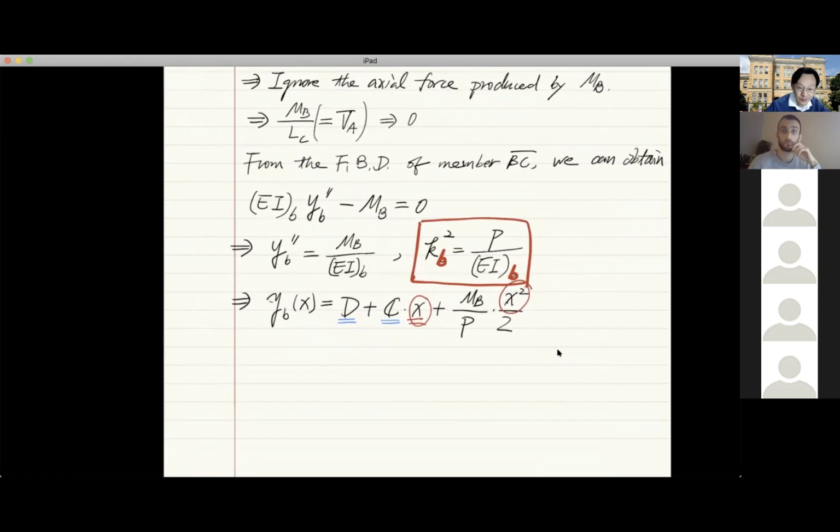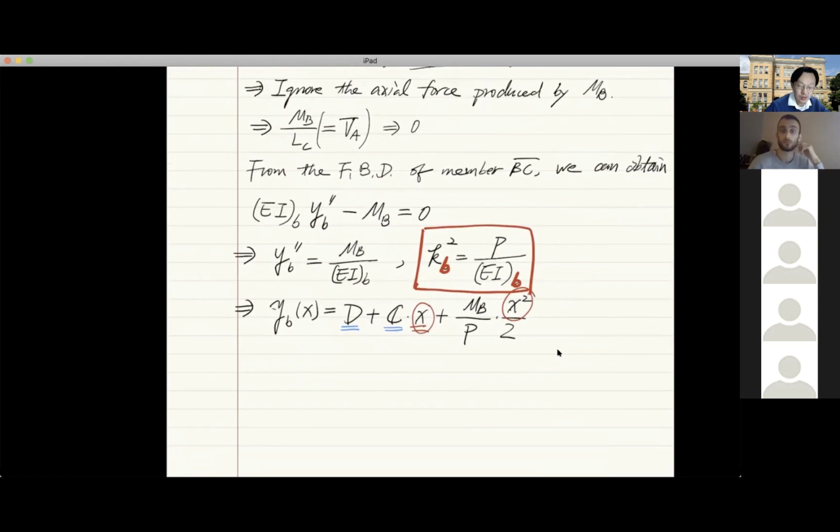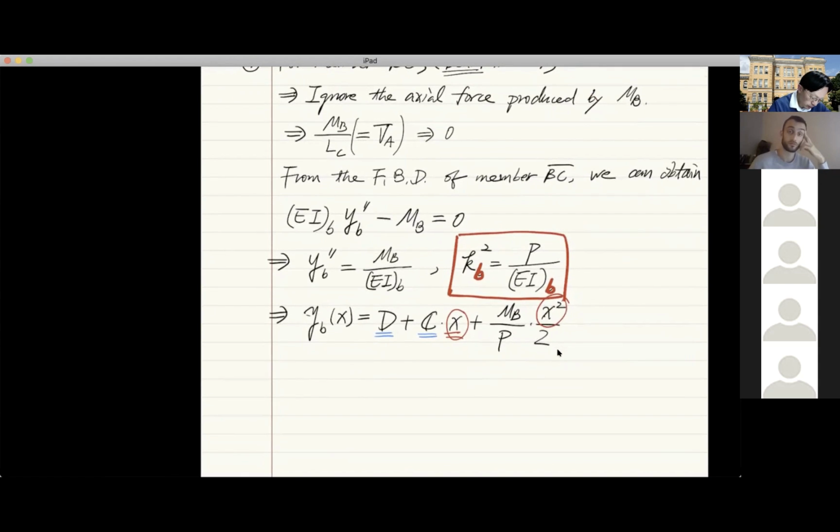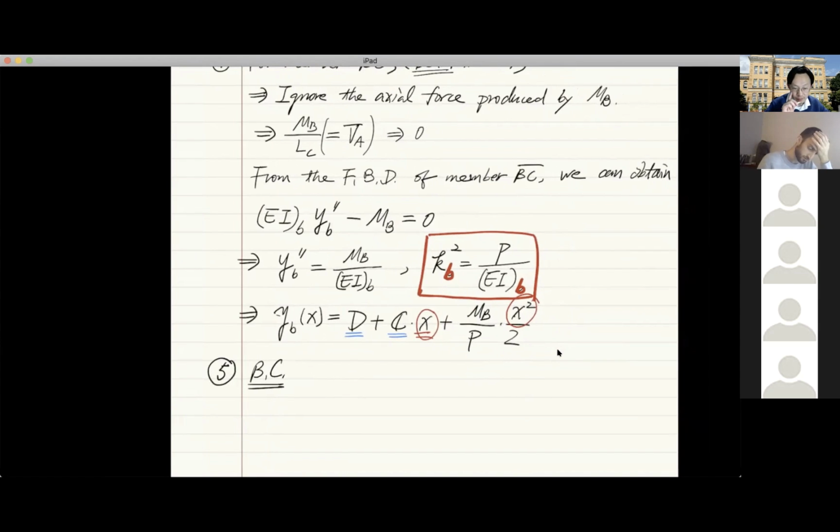Now, because there's no sideways, that means the way to find these two coefficients C and D is by the same way to find the coefficients in the column deflection for the member AB. So this is for step 5. By using the boundary conditions for the column for the beam member.